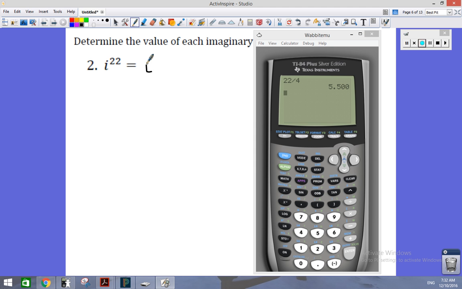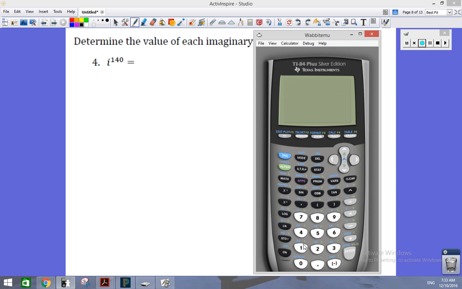So I know that with a remainder of 2, i to the 22 is the same as i squared, which is equal to negative 1. When I have 81 divided by 4, 0.25, that's a remainder of 1, because that's 1/4. The numerator is the remainder of 1, and i to the first power is just i.